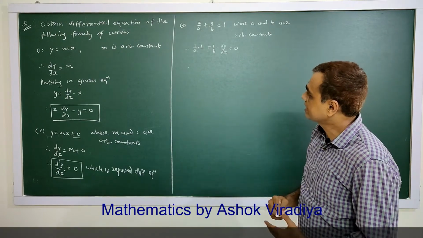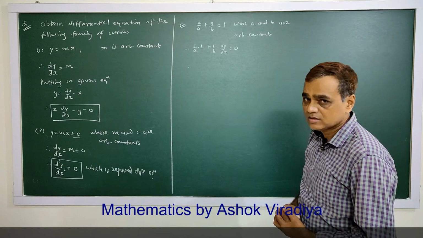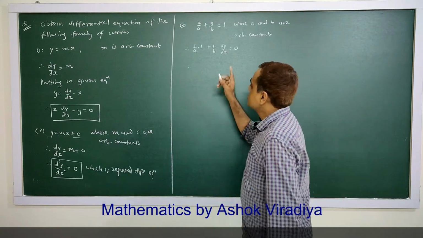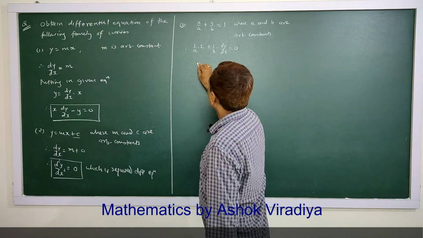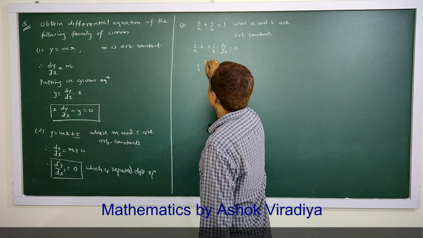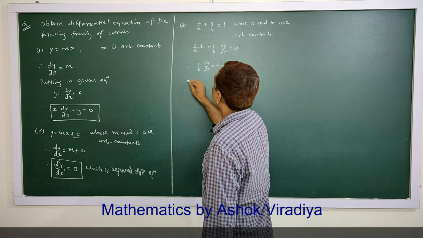Now you can see that still a and b both are visible. Now before taking the second differentiation, see what we do. Here 1 upon b dy by dx equals minus 1 upon a.